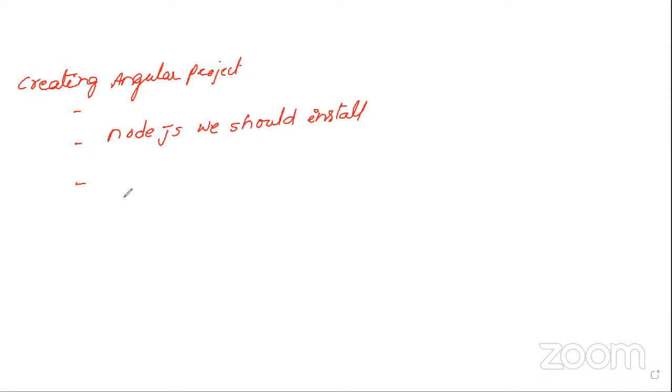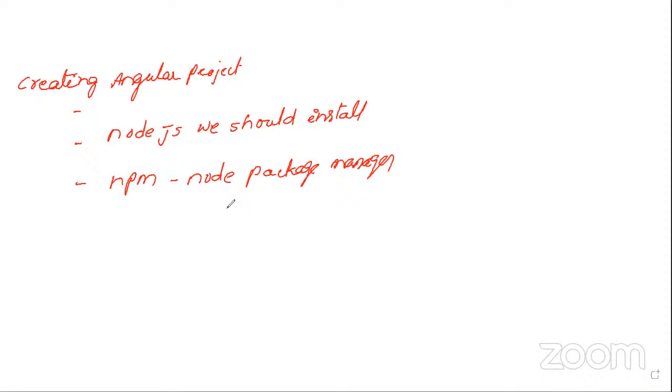Next, once Node.js is installed, npm is also part of it, Node Package Manager. You have to check Node Package Manager. It is installed by default with Node.js. This package manager allows developers to download the packages that are needed to develop our application.